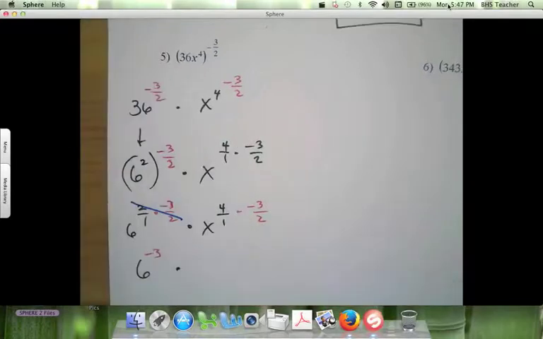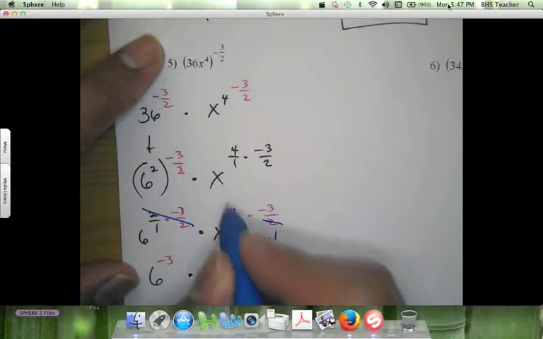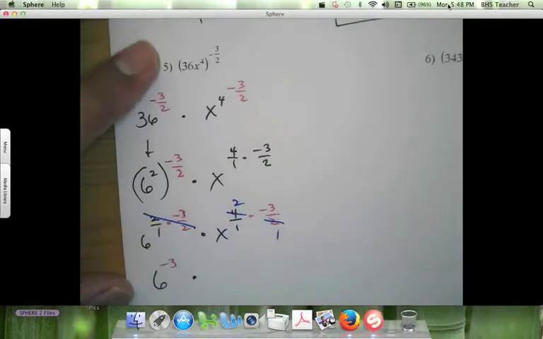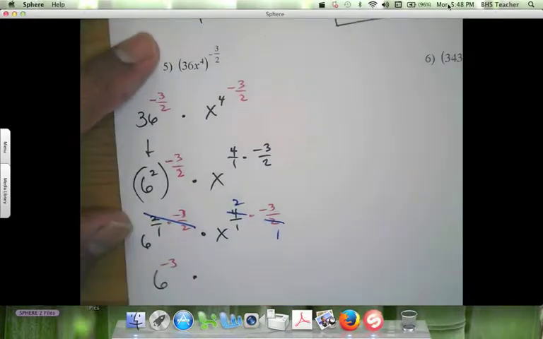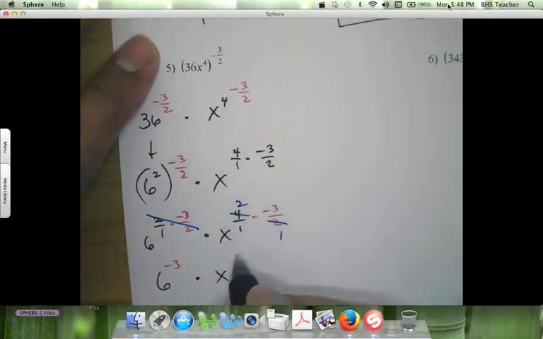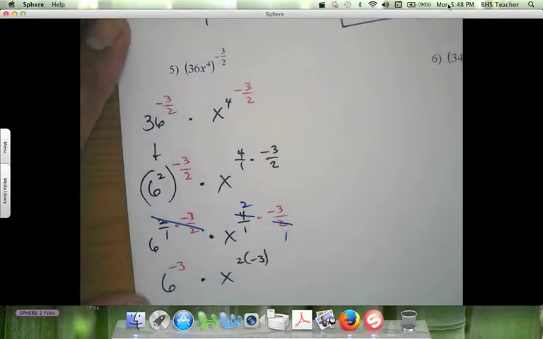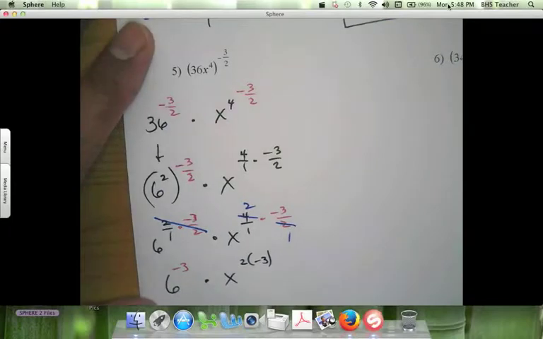So 2 goes into 2 once, 2 goes into 4 twice. So you're left with x to the power of 2 times negative 3. And you're left with 6 to the negative 3 times x to the negative 6.